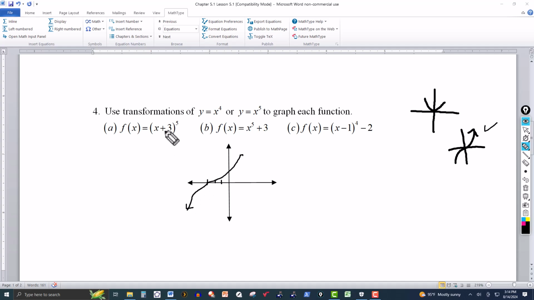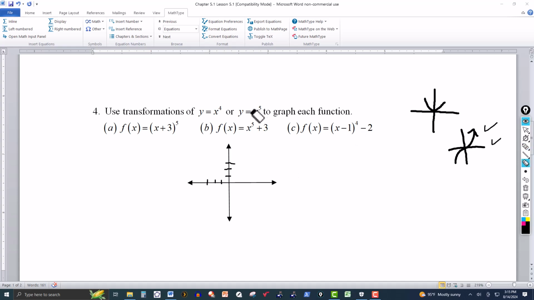If it's x minus 3, it's going to be this same graph right here, except it moves it to the right. If it's x plus 3, it moves it to the left. So this is your graph here. Now when it's just added on the outside here, you have a vertical transformation. Moves it up 3 units. Goes something like that.